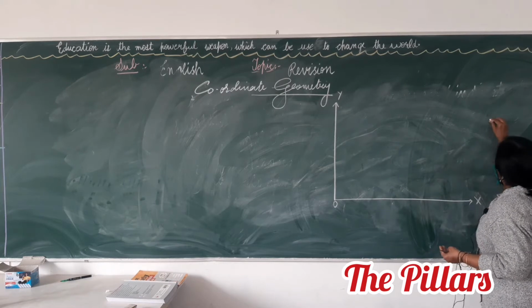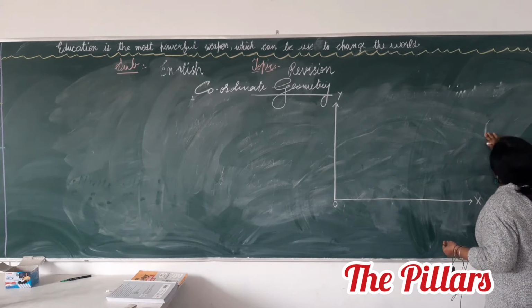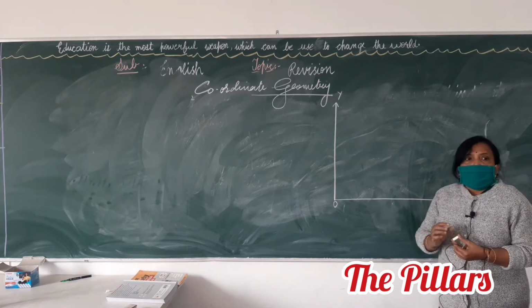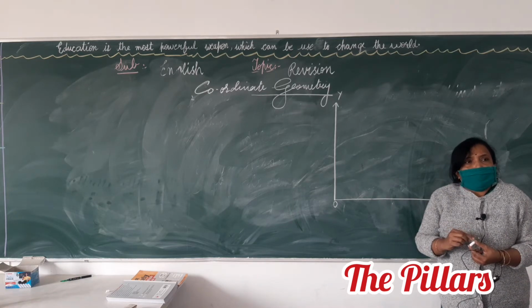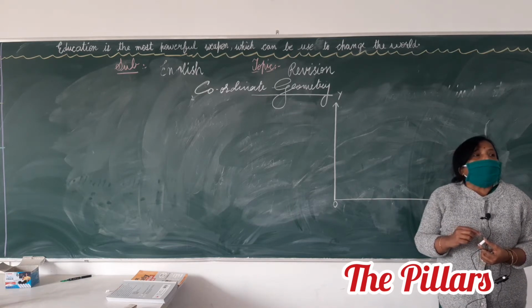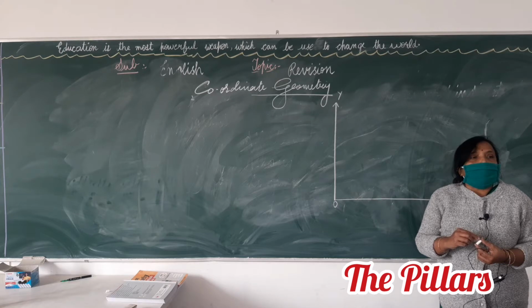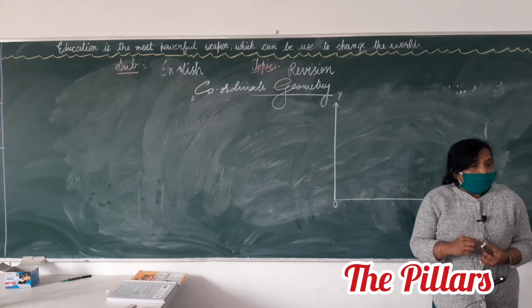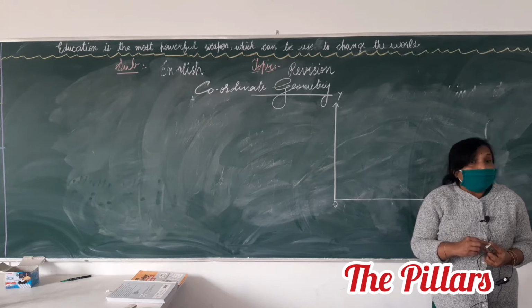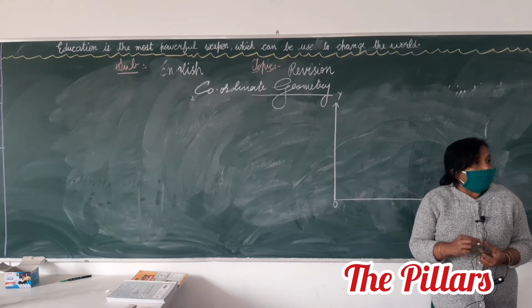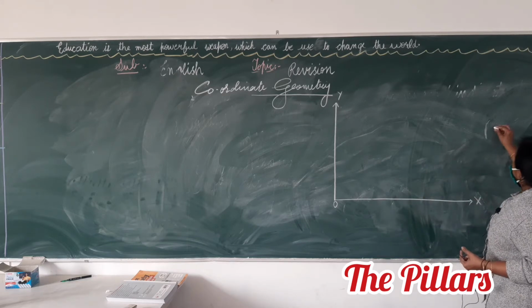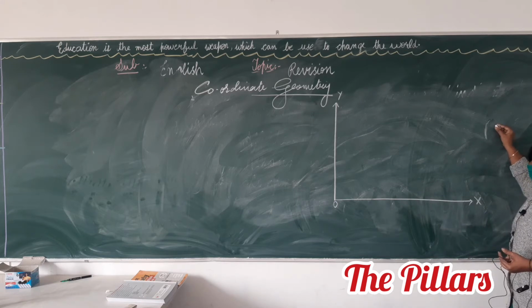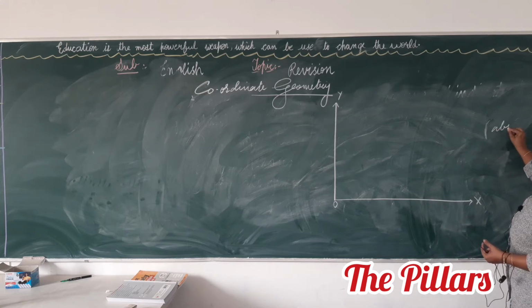Aditya, can you tell me what is the first point that we represent? X-axis. Okay, absolutely correct. Point along x-axis, and that is called what? Abscissa.